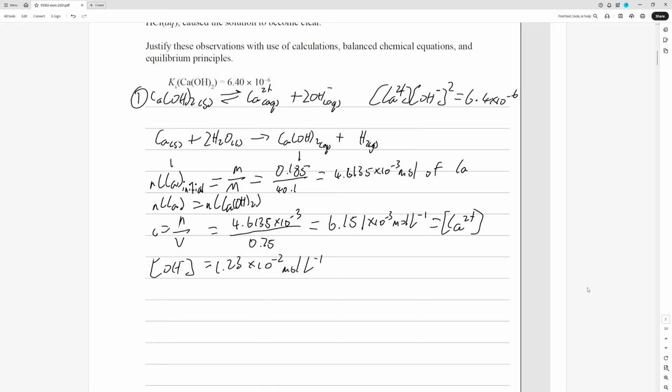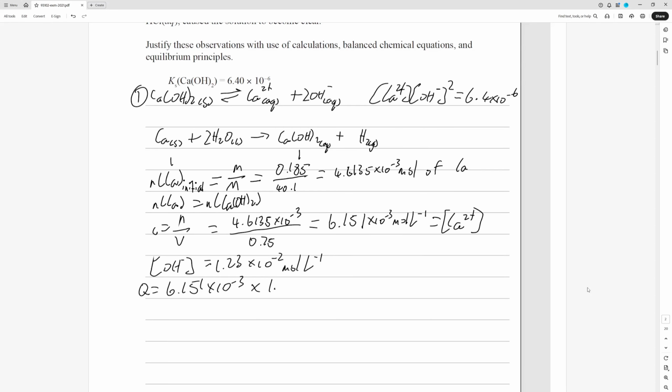Now, we can calculate what the expression is by multiplying 6.151 times 10 to the power of negative 3, and this is going to be the reaction quotient, so we can call this Q, times 1.23 times 10 to the power of negative 2 squared. That gives us a value of 9.31 times 10 to the power of negative 7.